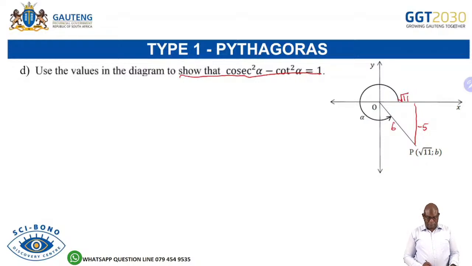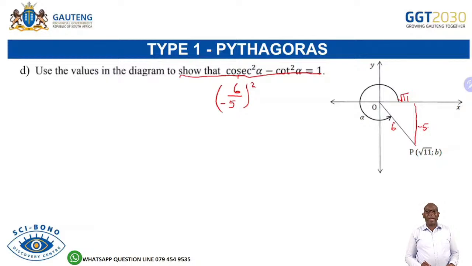So I'll say the cosec of alpha first. Cosec is a friend to sine. Remember, I check the third letter. Third letter is S, so it's a friend to sine. So my sine is -5 over 6, which means that my cosec will be 6 over -5. But in this case, it is squared.